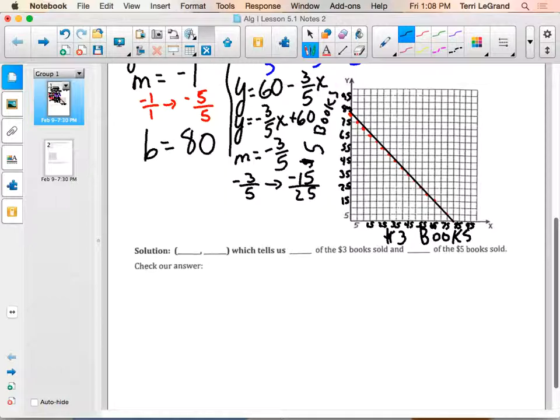So we're going to now identify our b first here. What's our b? 60. What's our starting point? It's 60. So we'll start at 60 and go down 3 over 5.